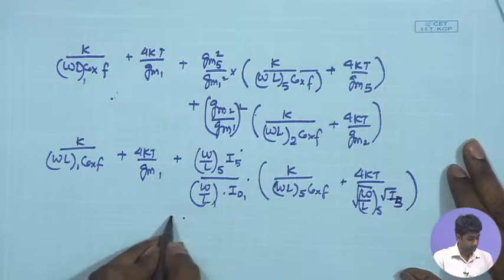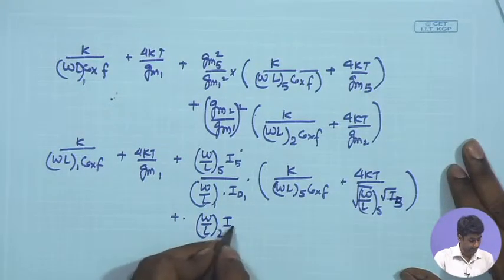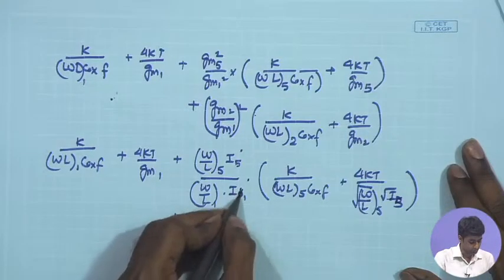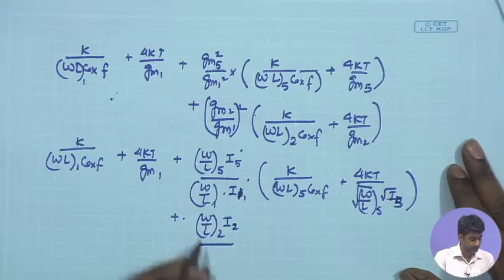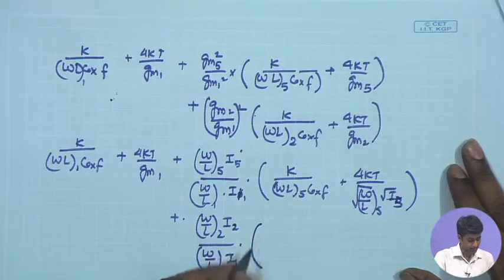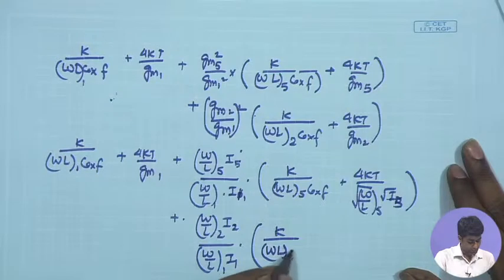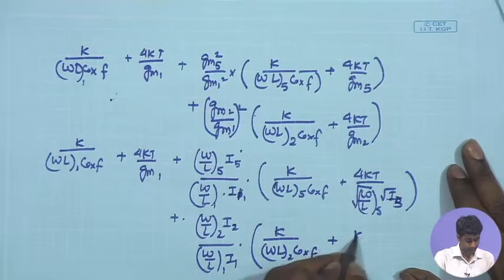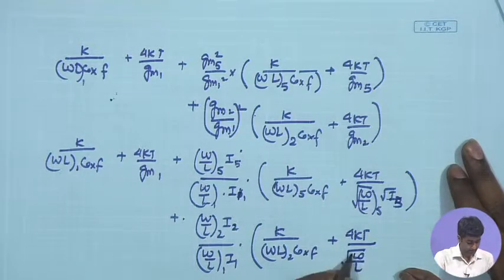And likewise, in the last term, I have the GM2 upon GM1 ratio. Once again, W by L2 I2. Let me call this I1 to keep the same notation. I5 means the drain current in M5, I1 means the drain current in M1, and I have W by L1 times I1, and likewise you have the WL2 COXF KT upon GM2, which is W by L2 times I2.